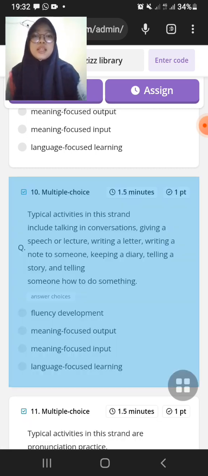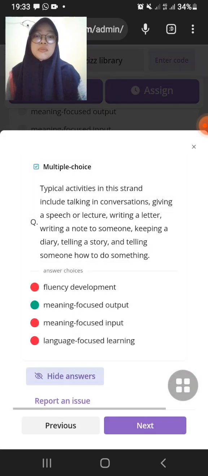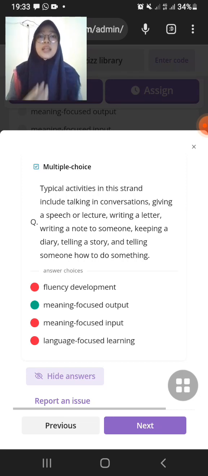The answer is meaning-focused output, because output activities are outputting what they have input. Other activities include keeping a diary, writing notes, blogging, having conversations, giving speeches or instructions, among others.